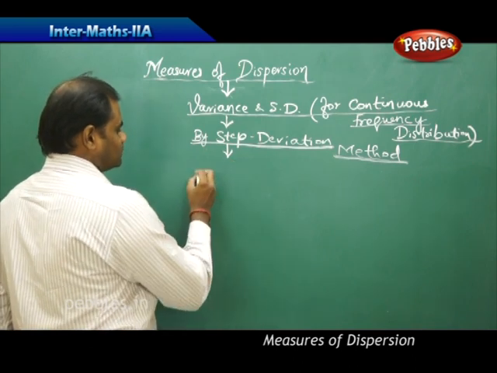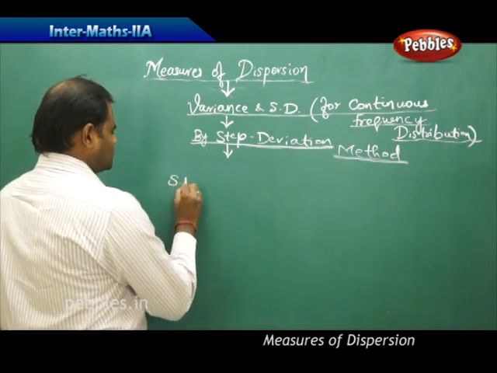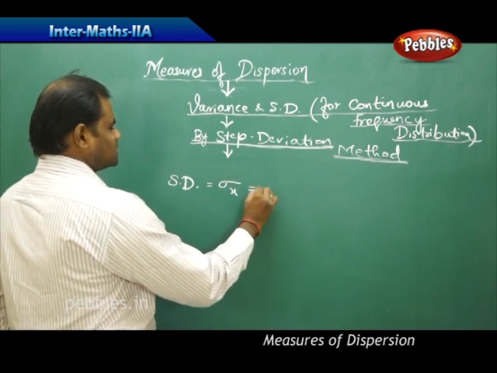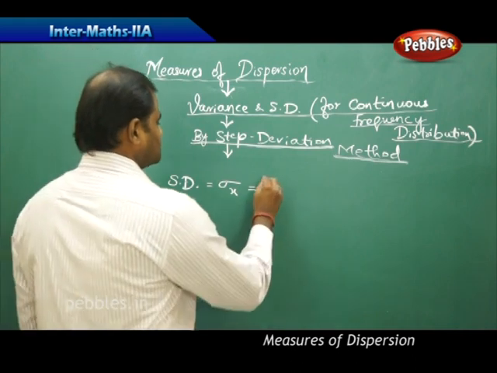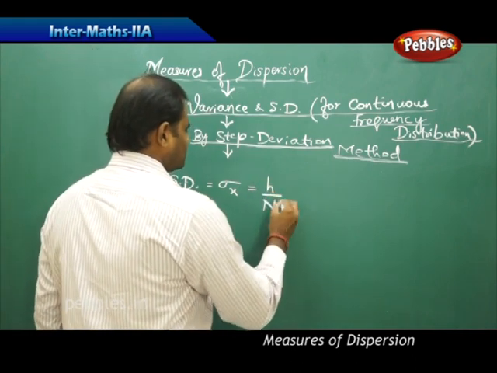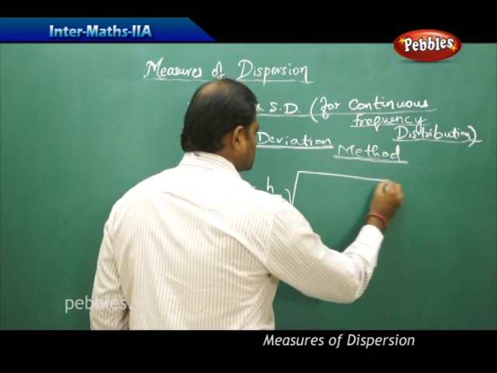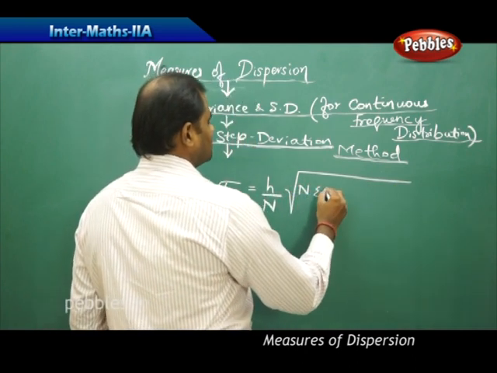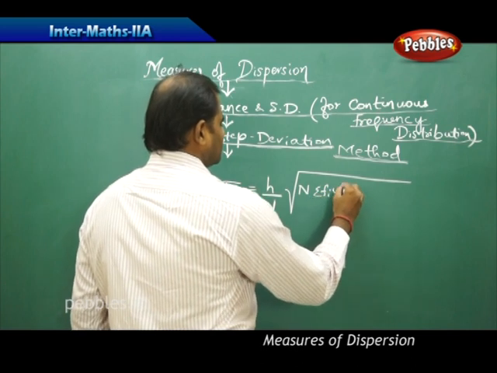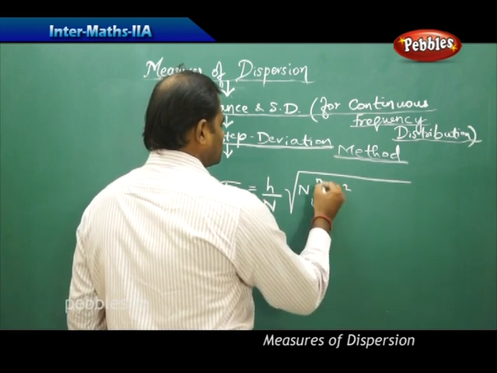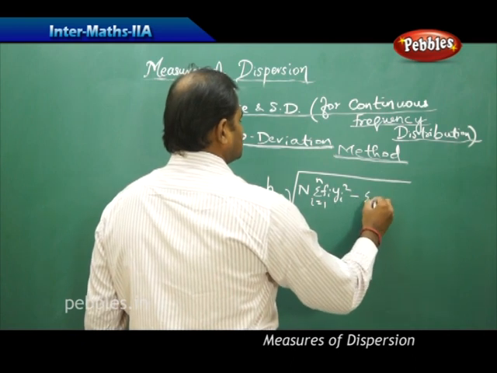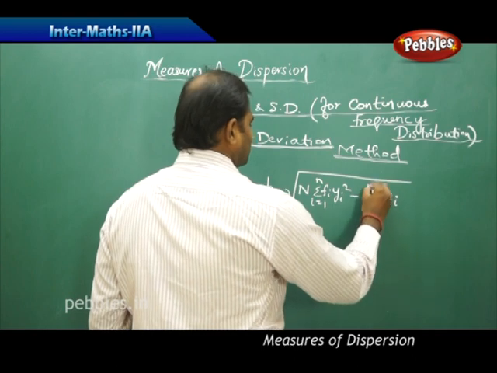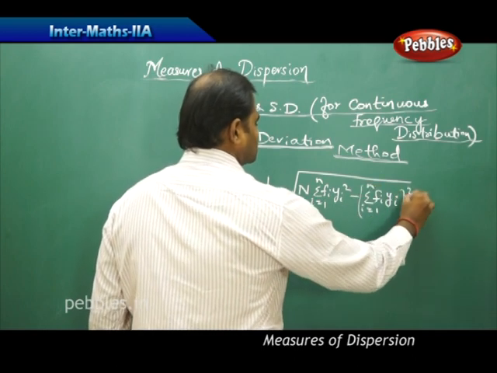So here my standard deviation, denoted by sigma x, is given by the formula h by n times the positive square root of n times sigma fi yi square, i running from 1 to n, minus sigma fi yi, i running from 1 to n, whole square.